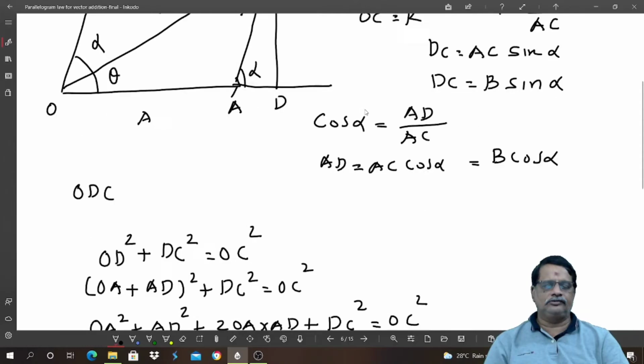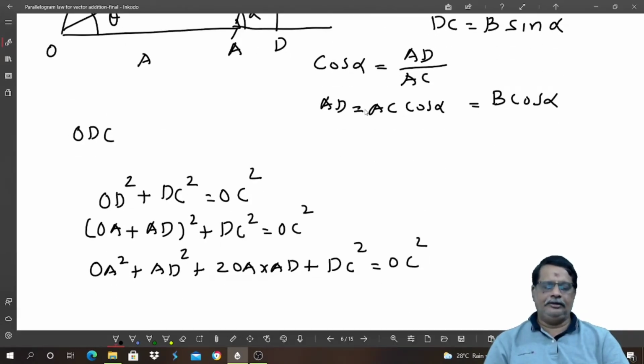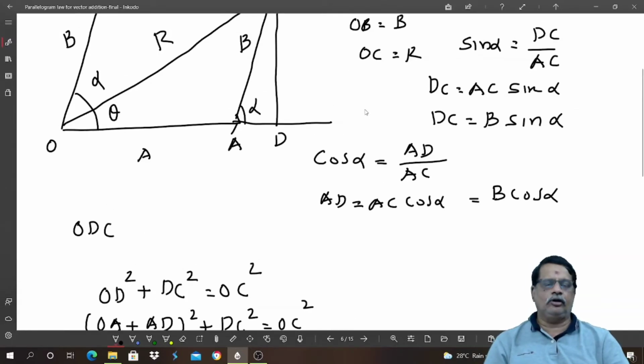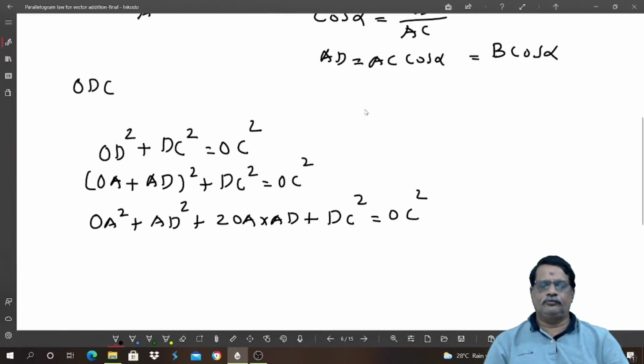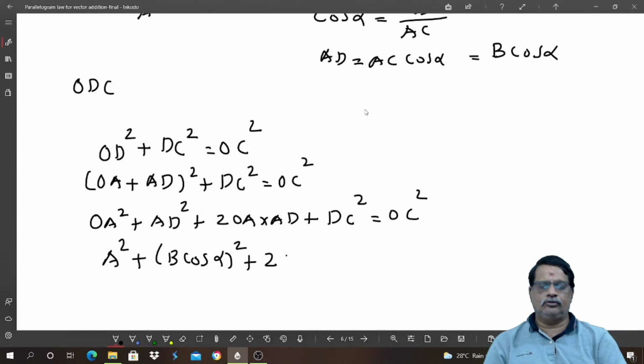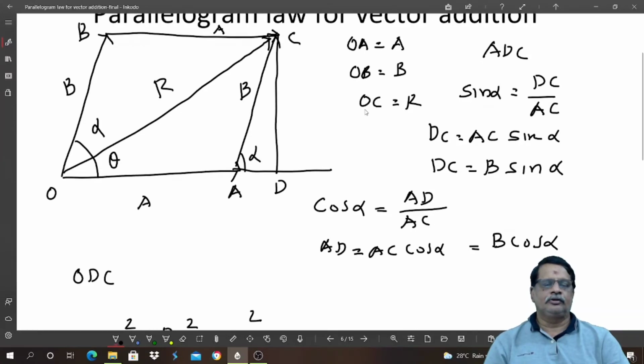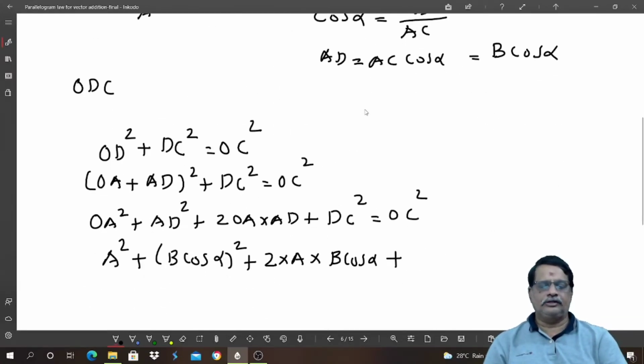We know that OA is A. So this is A square plus B cos alpha the whole square, plus 2 into A into B cos alpha, plus DC square, which is B sin alpha the whole square. This is our OC square, and OC is R. So this is R square.